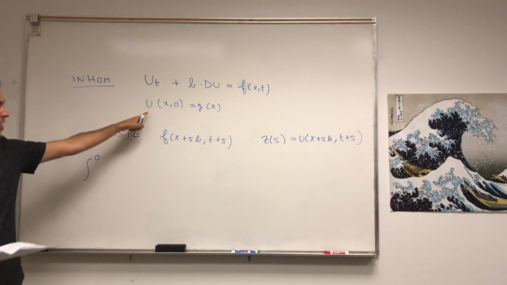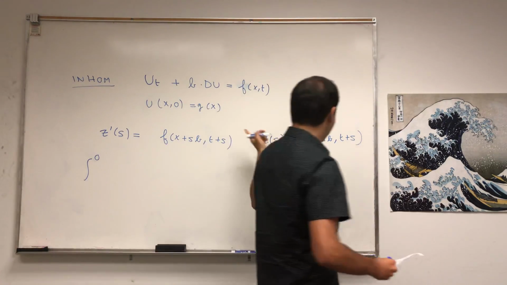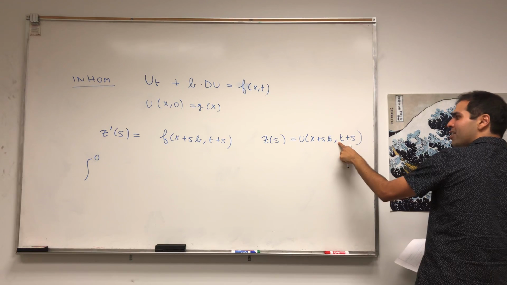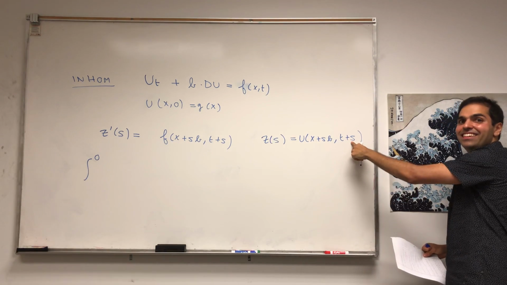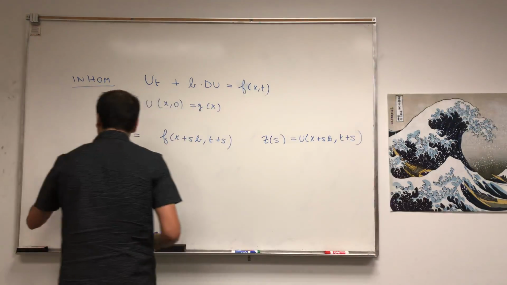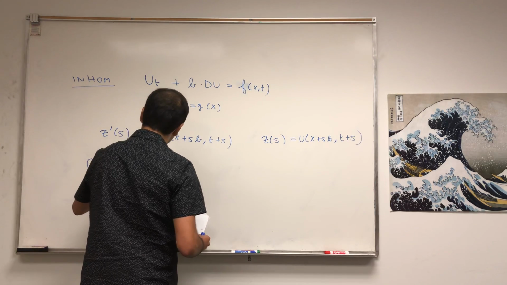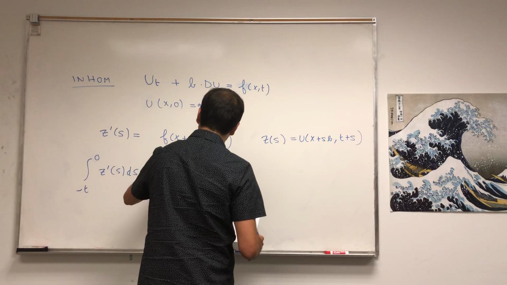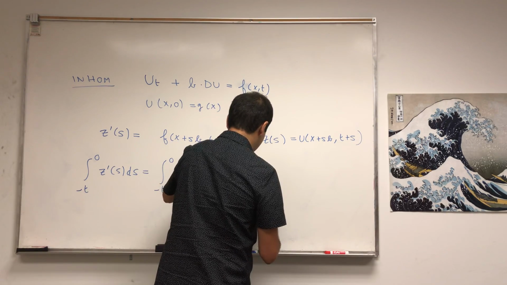But also, we want to use this g function, and the way to get the function g is to set this equal to 0, but if this equals 0, that means that s is minus t. That's why we want to integrate from minus t to 0. So the integral of z prime of s ds equals the integral from minus t to 0 of f of x plus sb, t plus s ds.